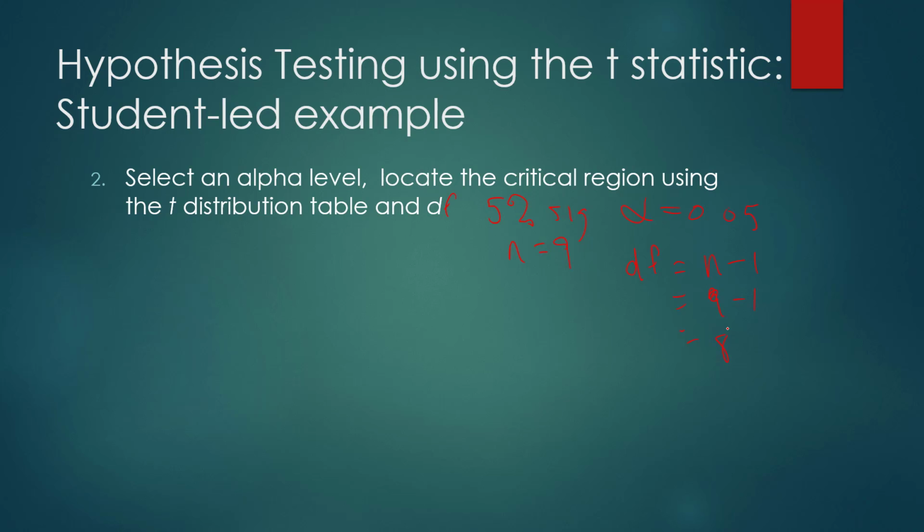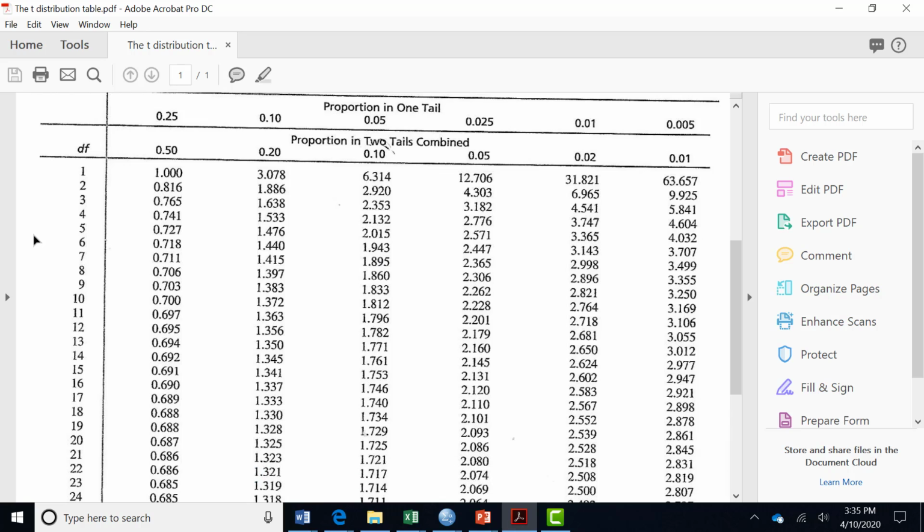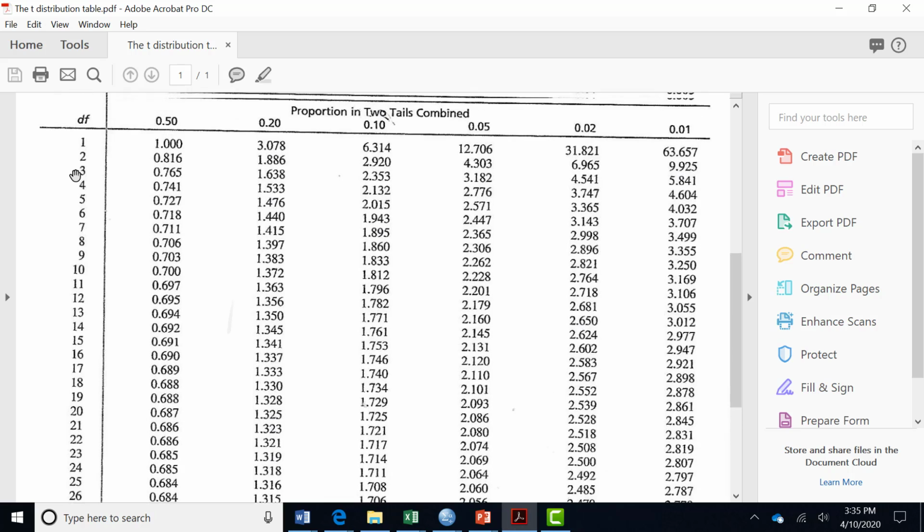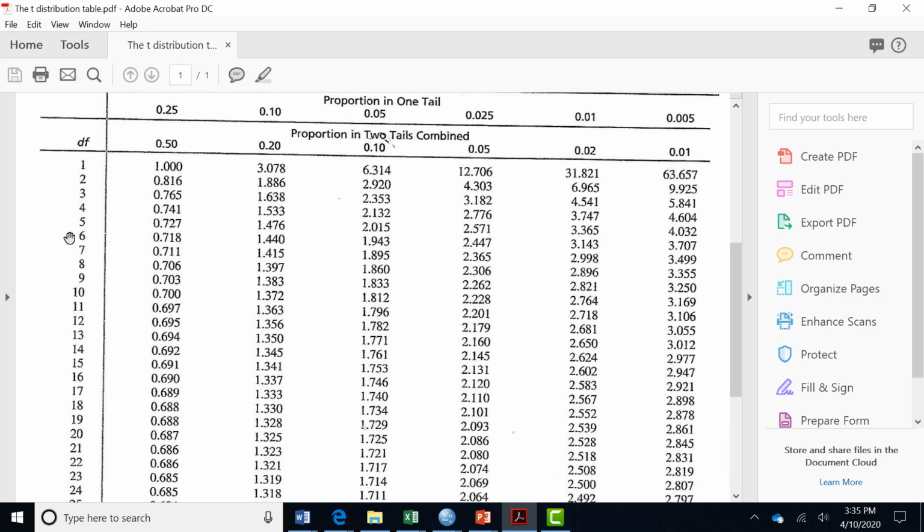So we need to go to our table and find the critical t. We're looking for that critical t with the degrees of freedom equal to 8 and an alpha level of 0.05. So we're going to go to this table and look up that degrees of freedom of 8.